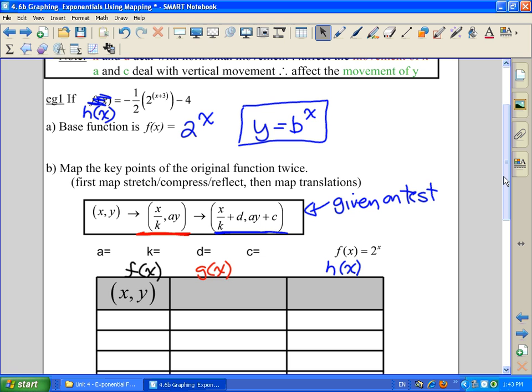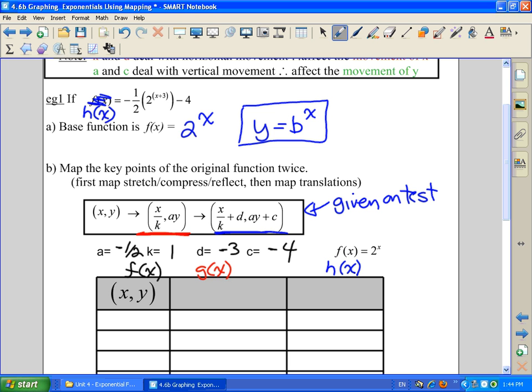Looking at our above expression, we notice that we have a being negative 1/2, k being 1, d is negative 3, and c equals negative 4.